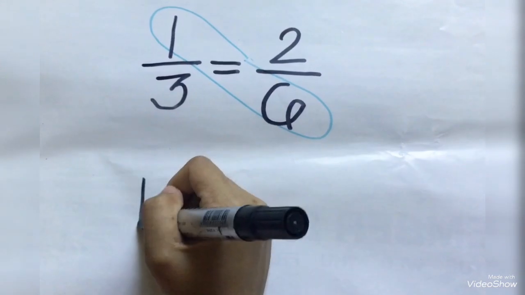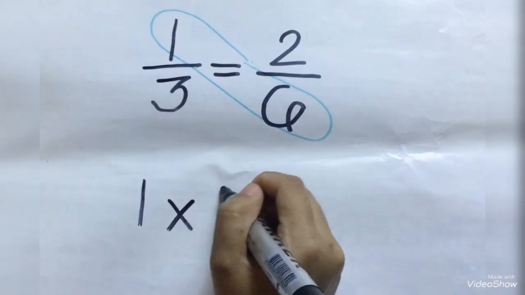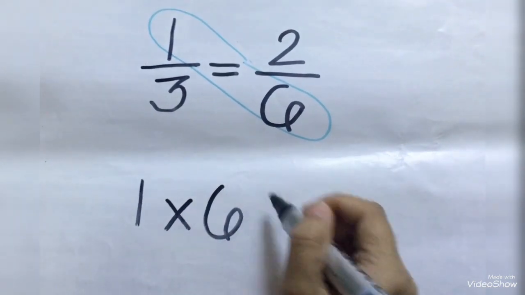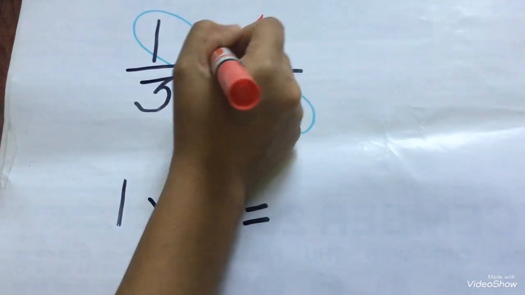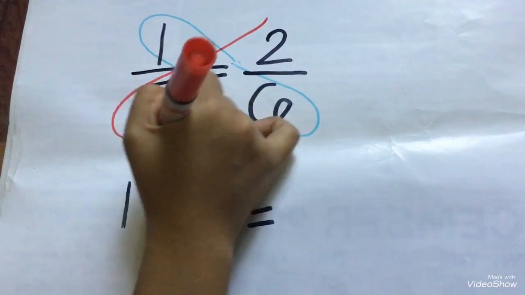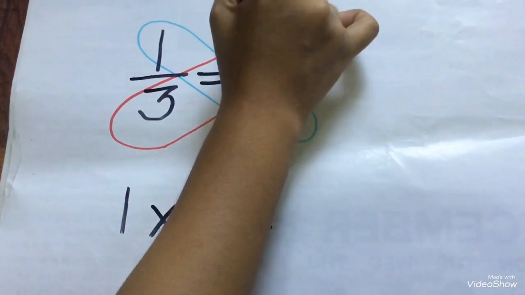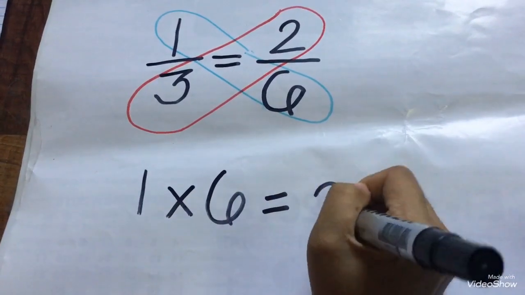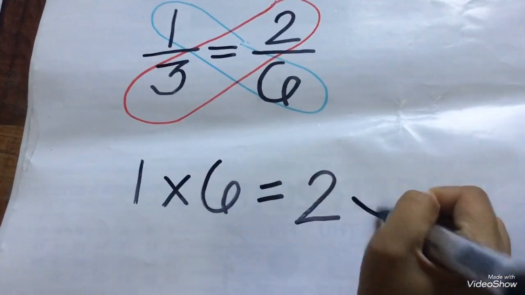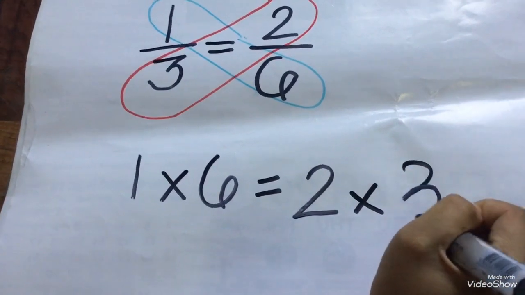So we write 1 times 6. Then we multiply the means. So we have 2 times 3.